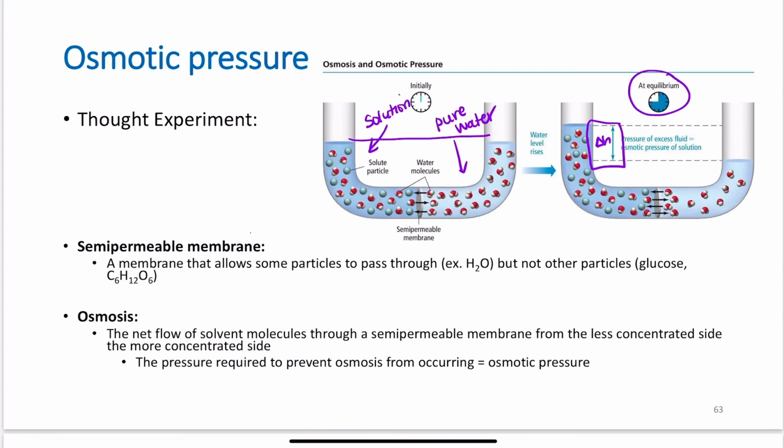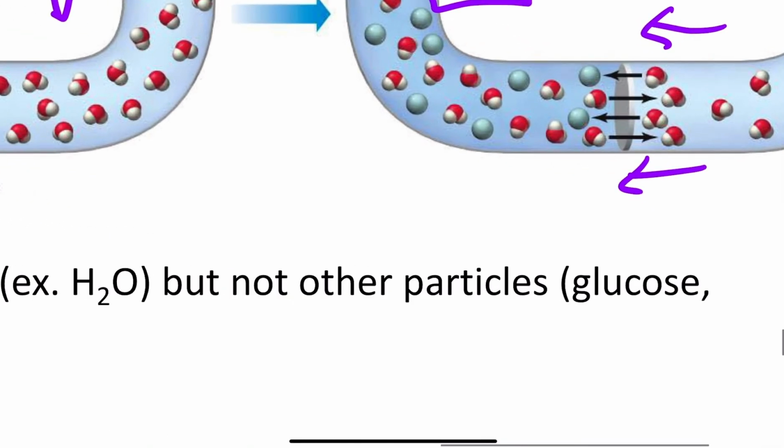Well, because the water can travel back and forth, on this side of the membrane it's more likely for the water to reach that membrane. On the other side, it's less likely. So I've got only water particles here, and they can pass through. Over here, I have a mixture of water and solute particles, but only the water particles can pass through.